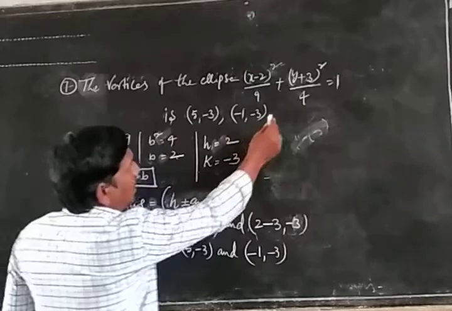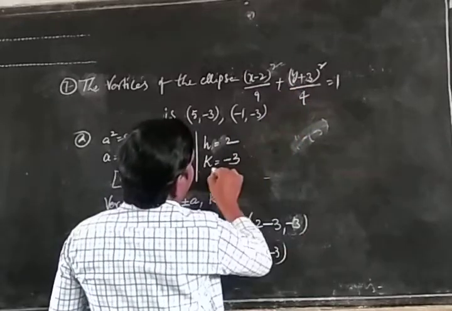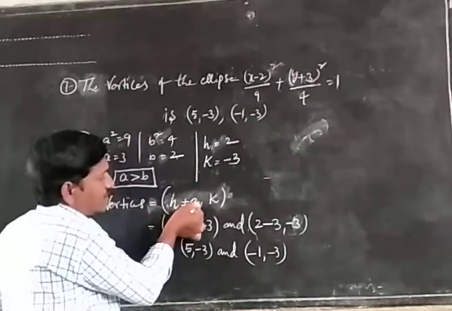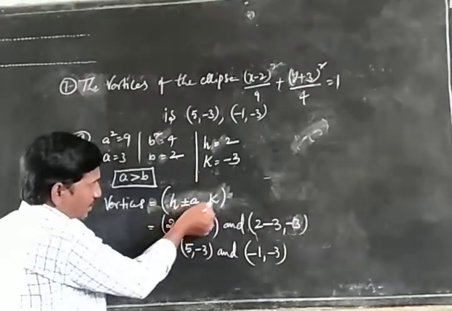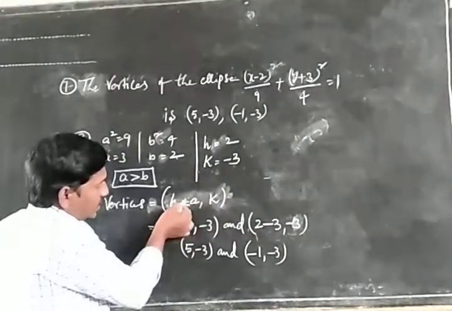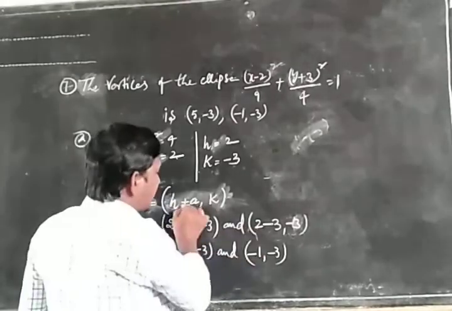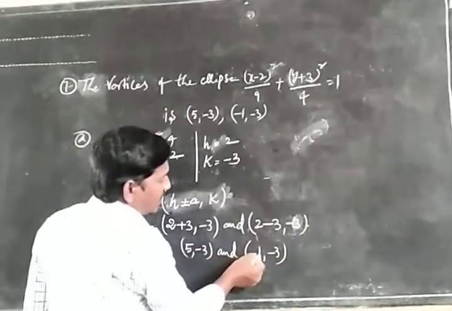Why? Because minus of minus 3, minus into minus is plus. So the vertices are h plus or minus a comma k: 2 plus 3 comma minus 3, and 2 minus 3 comma minus 3. So 5 comma minus 3 and minus 1 comma minus 3.